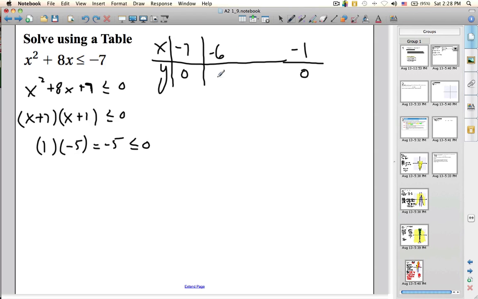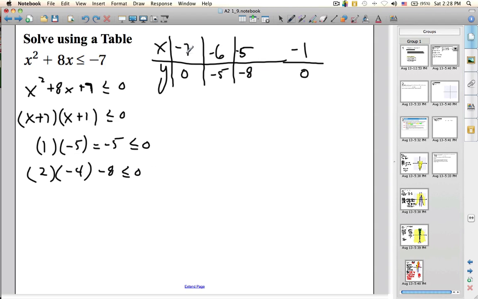Yes, it is. If I do -5, let's plug -5 in, then I'll have 2 times -4, which is -8, less than or equal to 0. Yes, it is, -8. Right?